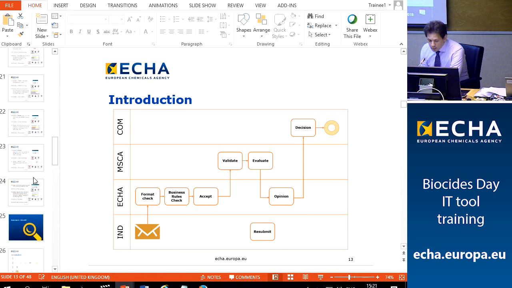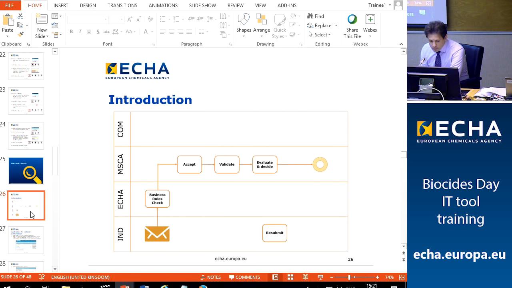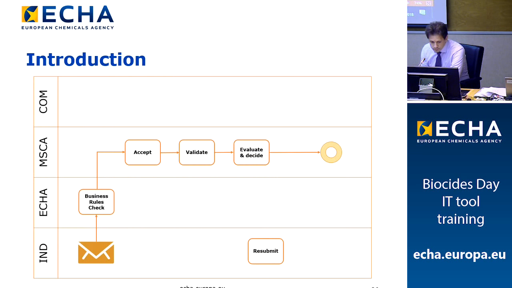What we are talking about is this process here. So this is the application for national authorization. You see that the triggering event is the application from industry. This is what we just did now.